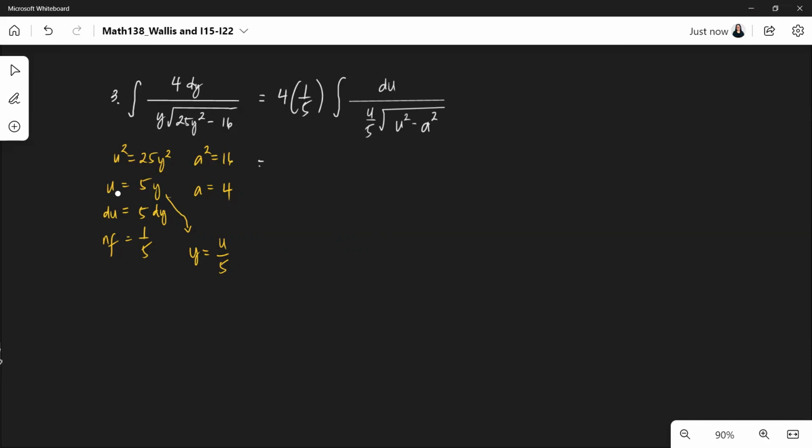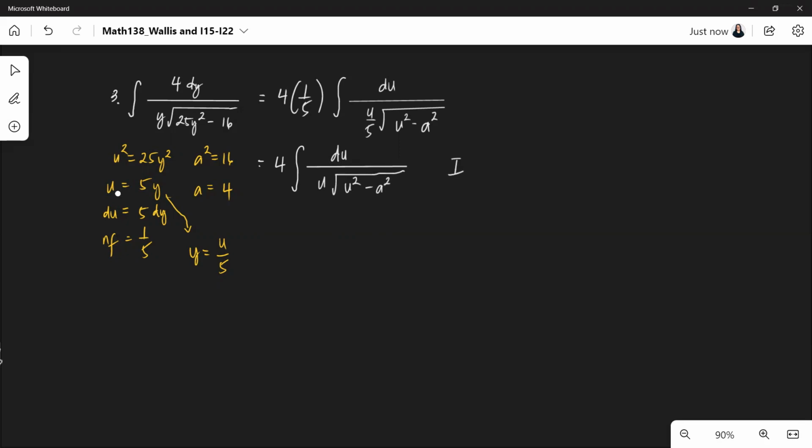So we end up with a 4 times the integral of du over u square root of u squared minus a squared.